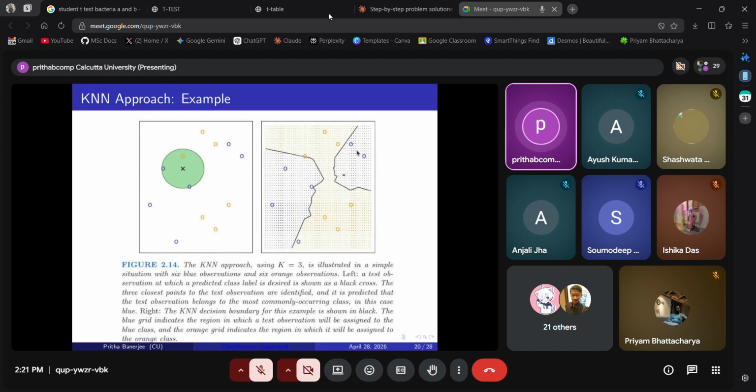All these blue points over here on the right hand side also will belong to the class blue, and the rest of the region over here is going to be in the orange class. The important thing to note is that k nearest neighbors does not produce a linear boundary, so for data where we know that there is no clear linear separation between different classes, we can safely apply our KNN approach. This diagram actually shows that.